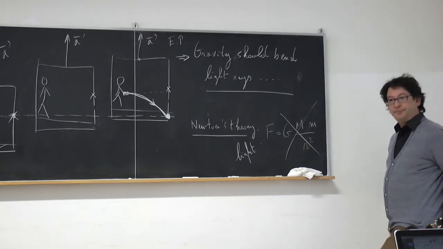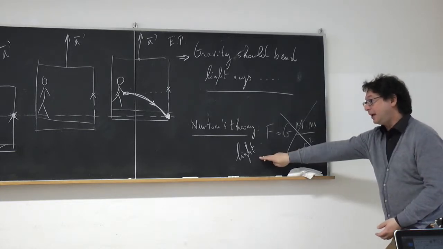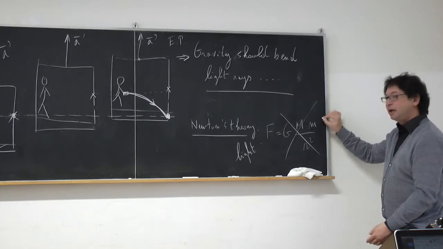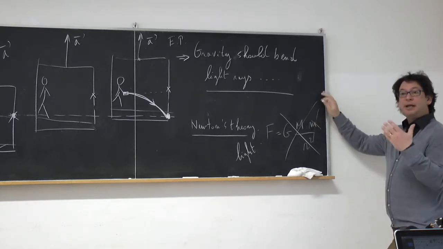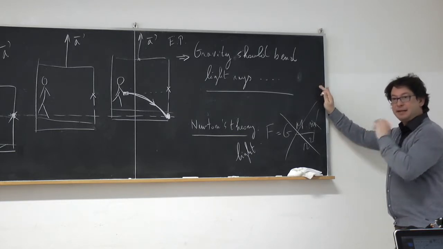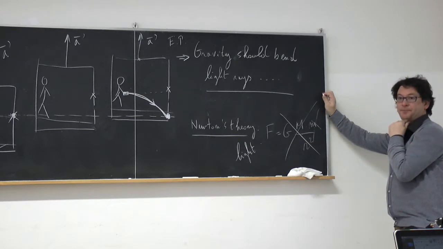No matter, no mass. So the mass associated to light in classical electromagnetism is equal to zero. So in Newton's old theory, all of this means that Newtonian gravity should not affect light.